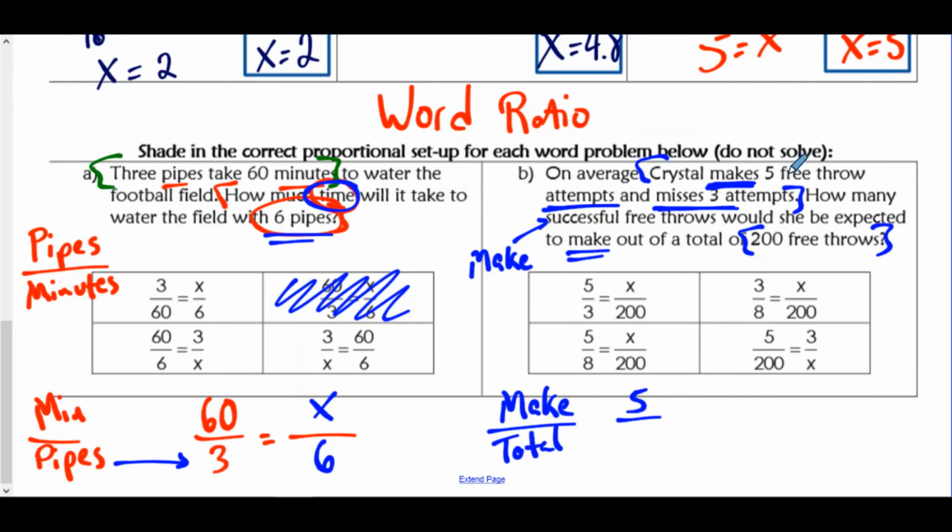So we're making 5, we're missing 3. That's a total of 8 attempts. We want to know how many will we make, some number that we don't know yet, out of the 200 free throws that we actually take. We make 5 out of 8, how many will we make out of 200? And you can see that that proportion is there.